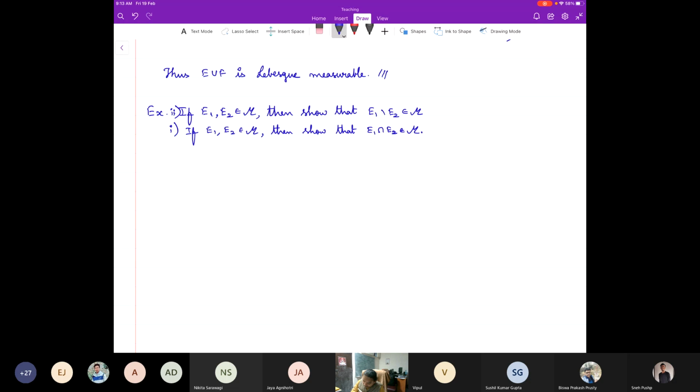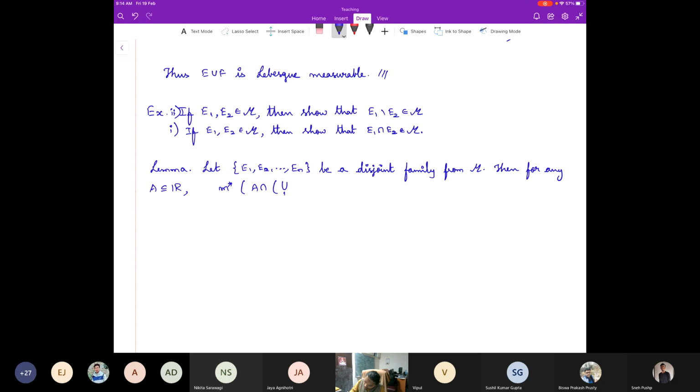So now, the next lemma is that let E1, E2, ..., En be a disjoint family, in fact a finite disjoint family from M. Then for any A subset of R, M star of A intersection with union of Ek from 1 to n is equal to the summation from 1 to n of M star of A intersection with Ek.